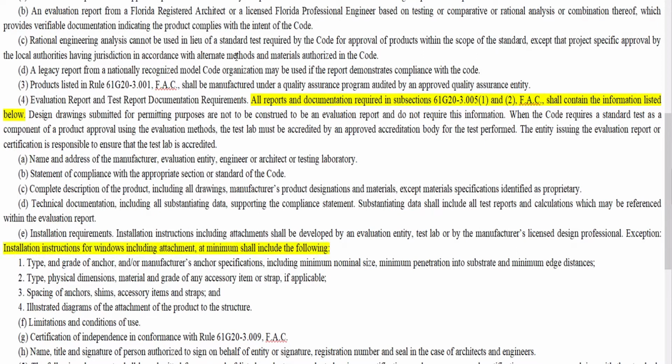This section identifies that installation instructions for windows, including attachment, at a minimum shall include the following: type and grade of anchor and/or manufacturer's anchor specifications, including minimum nominal size, minimum penetration into substrate, and minimum edge distances.